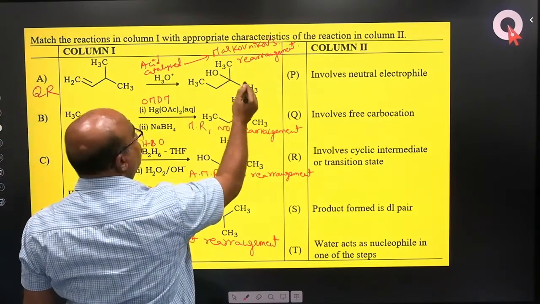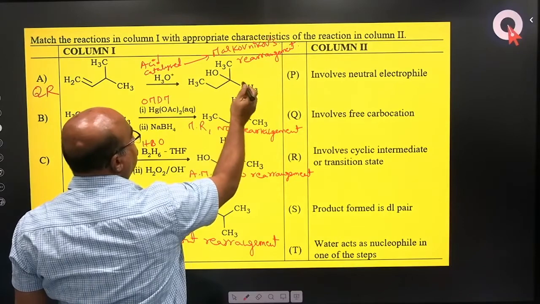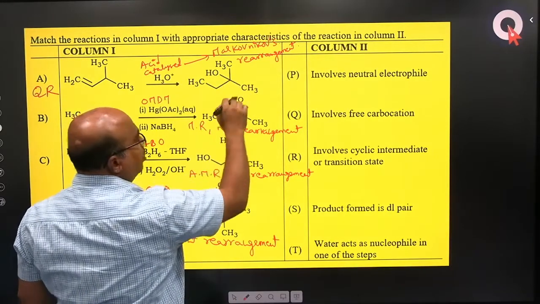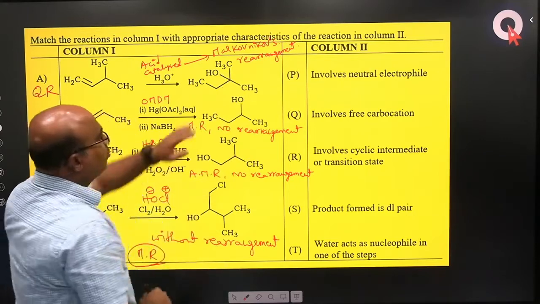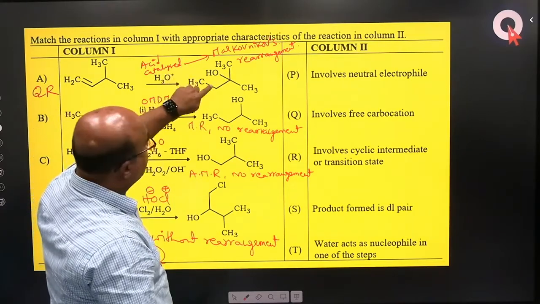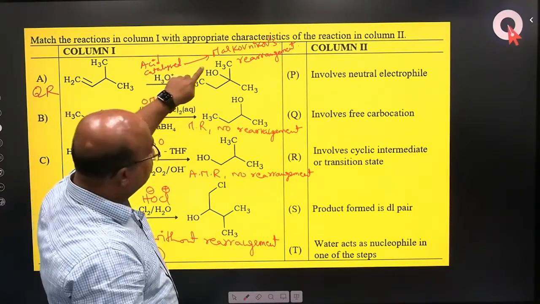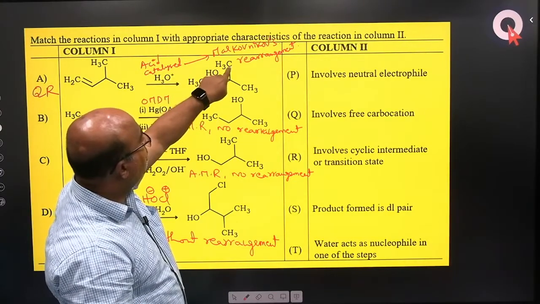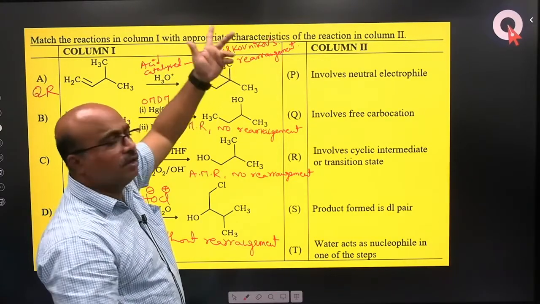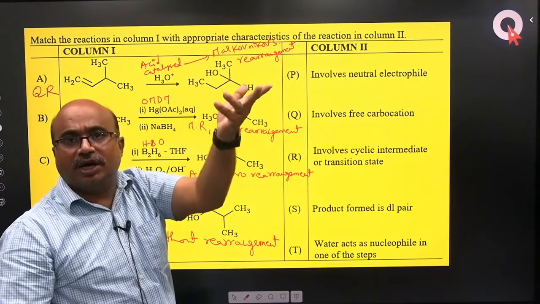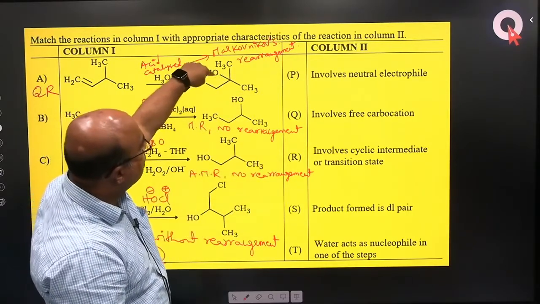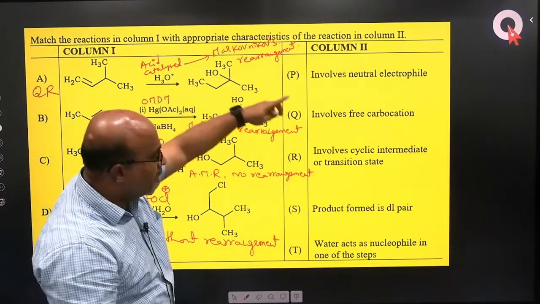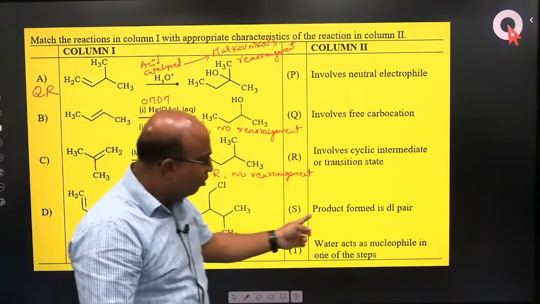If one of those is something other than CH3 and CH3, instead of C2H5 again, because this side we have C2H5, CH3. So this might be an isopropyl group, or maybe a propyl group, something like that, or benzene related thing. Then you can say this carbon becomes a chiral, then this compound will become a DL pair. So DL pair you won't get in this.